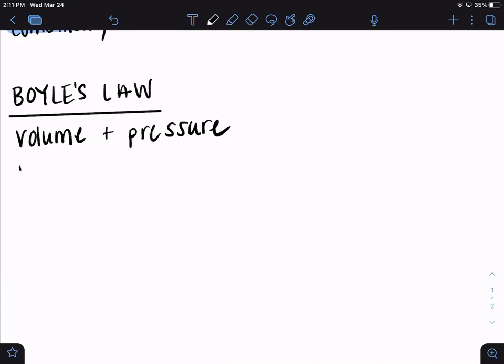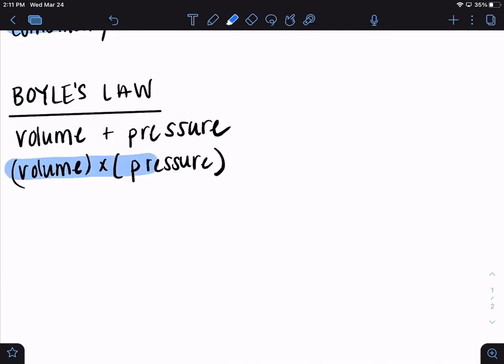Specifically speaking, it's volume times the pressure. And the reason that that's important is because when we need to manipulate this equation to find out, say we were given two sets of pressures and one volume and we wanted to find the second volume, you need to know in what ways we can manipulate the equation.